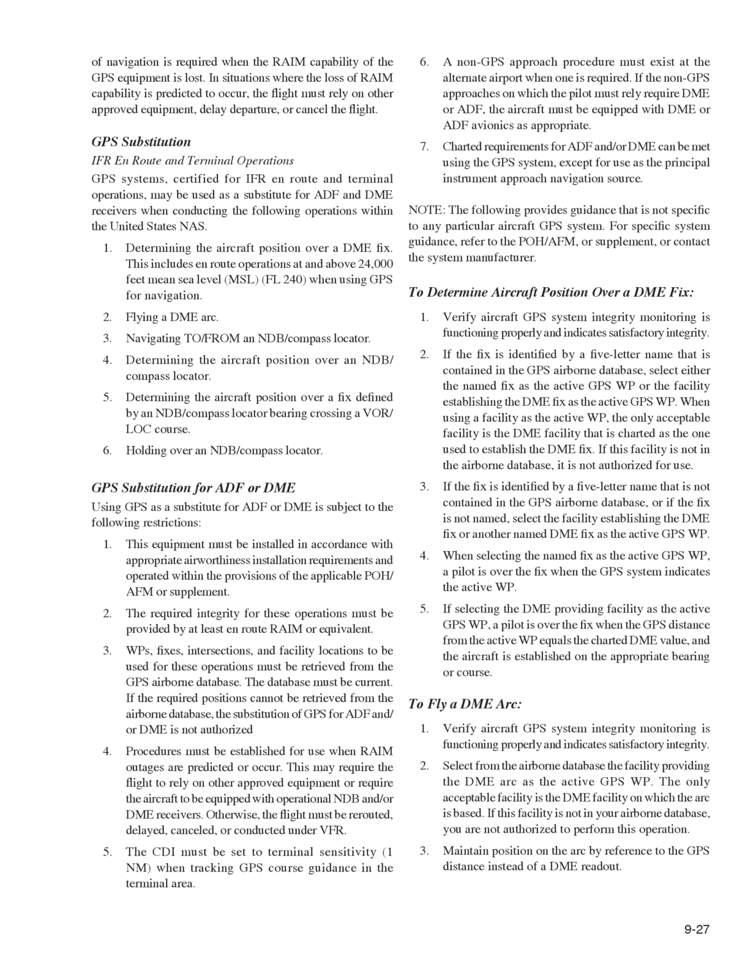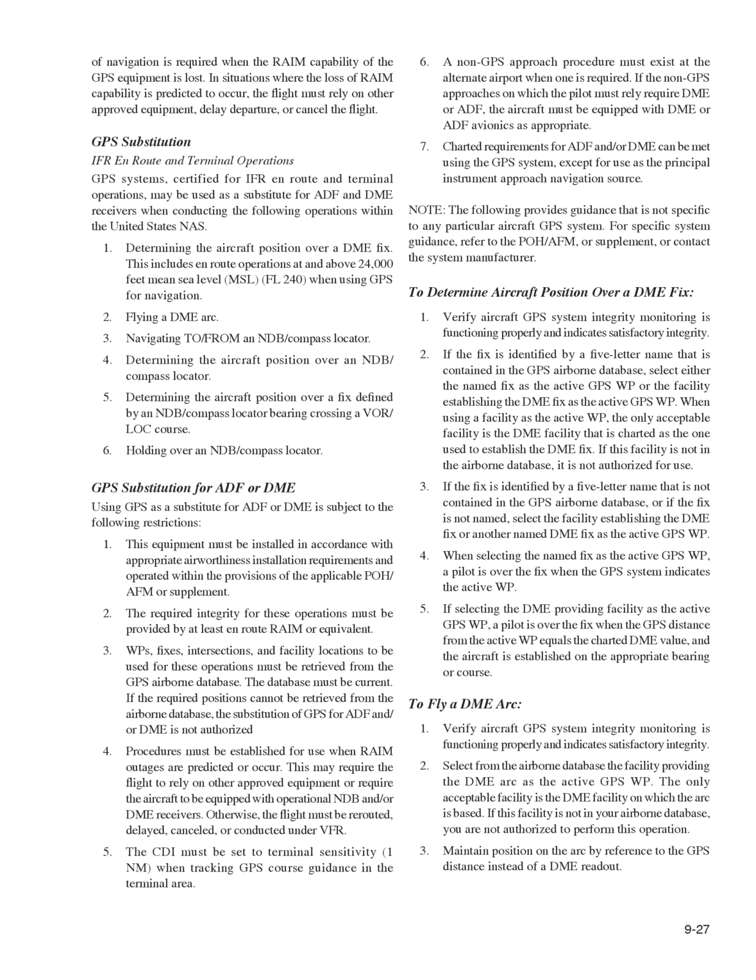Charted requirements for ADF and/or DME can be met using the GPS system, except for use as the principal instrument approach navigation source. Note: the following provides guidance that is not specific to any particular aircraft GPS system. For specific system guidance, refer to the POH/AFM, or supplement, or contact the system manufacturer.